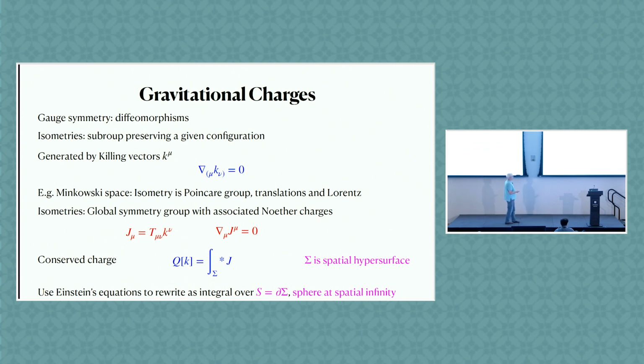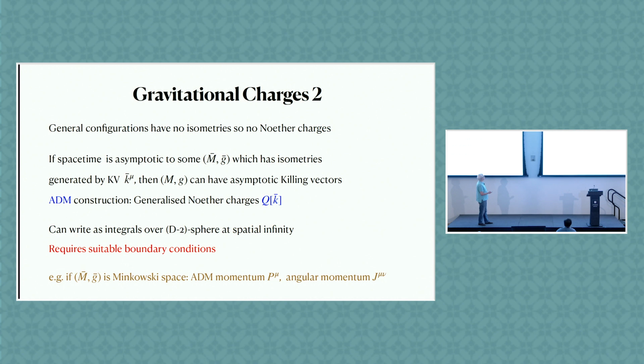These can then be used to rewrite the integral as an integral over a sphere at spatial infinity. And this works for spaces with Killing vectors. But a general configuration doesn't have isometries, and so there are no conventional Noether charges.